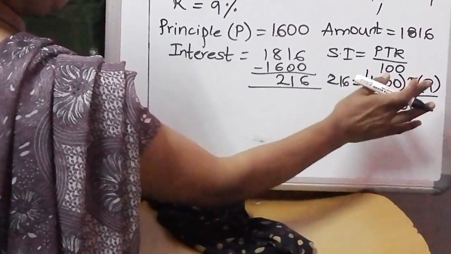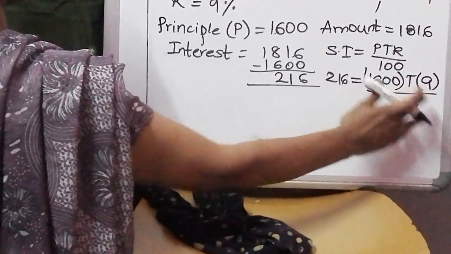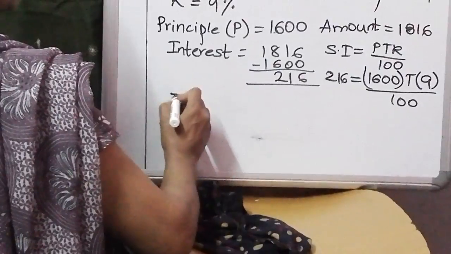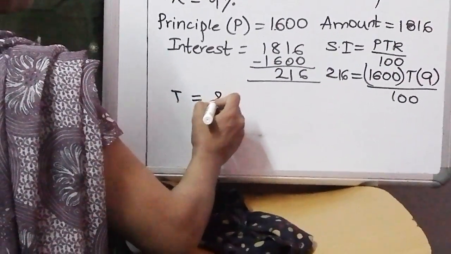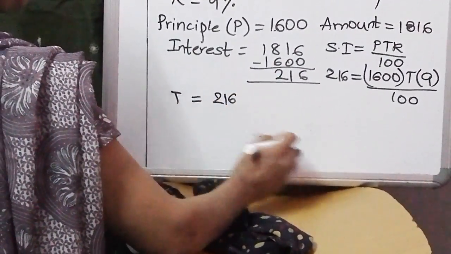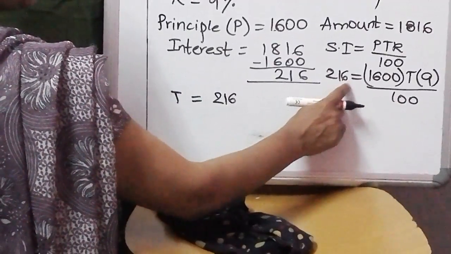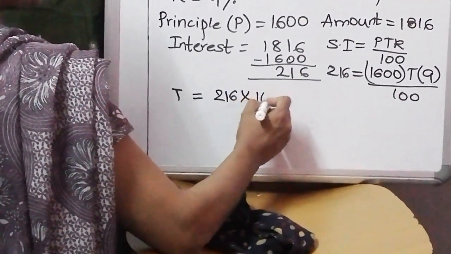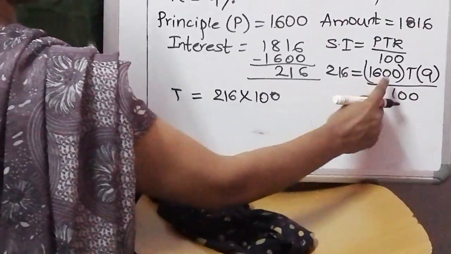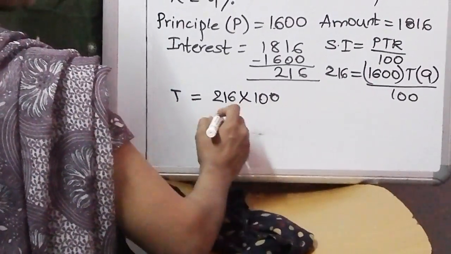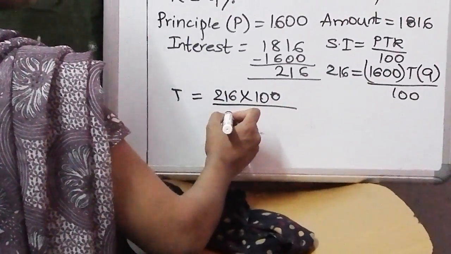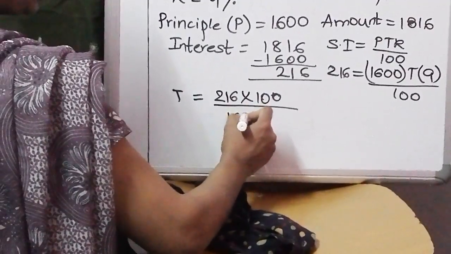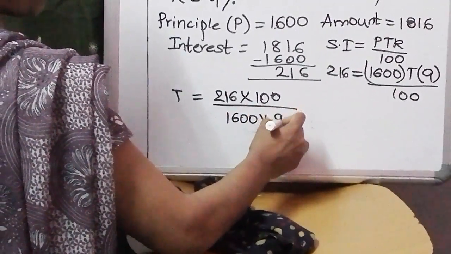So now let us keep T, time, to one side, and the remaining terms we will take it to the other side. T is equal to the other side 216 you have. Division, when it is transposed to the other side, it becomes multiplication. Multiplication, when it is transposed to the other side, it becomes division. So this is equal to 1600 into 9.